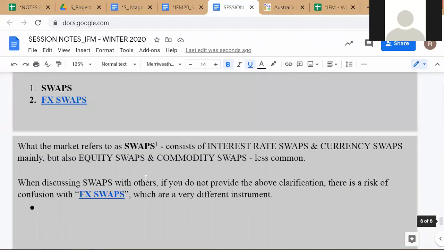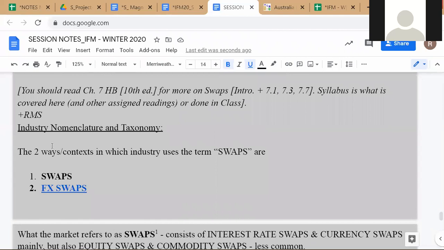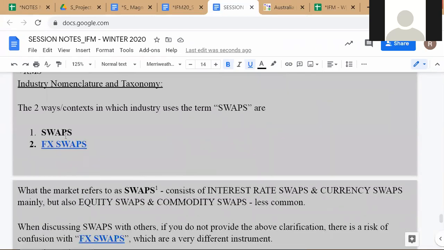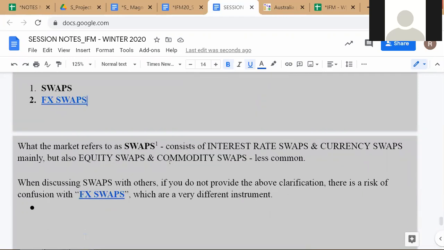Essentially the word swaps is used in two contexts, and we have to be familiar with the industry nomenclature. Either people say swaps or they say FX swaps, or foreign exchange swaps. FX is short for foreign exchange. You have to use the term carefully because these two structures are quite different.